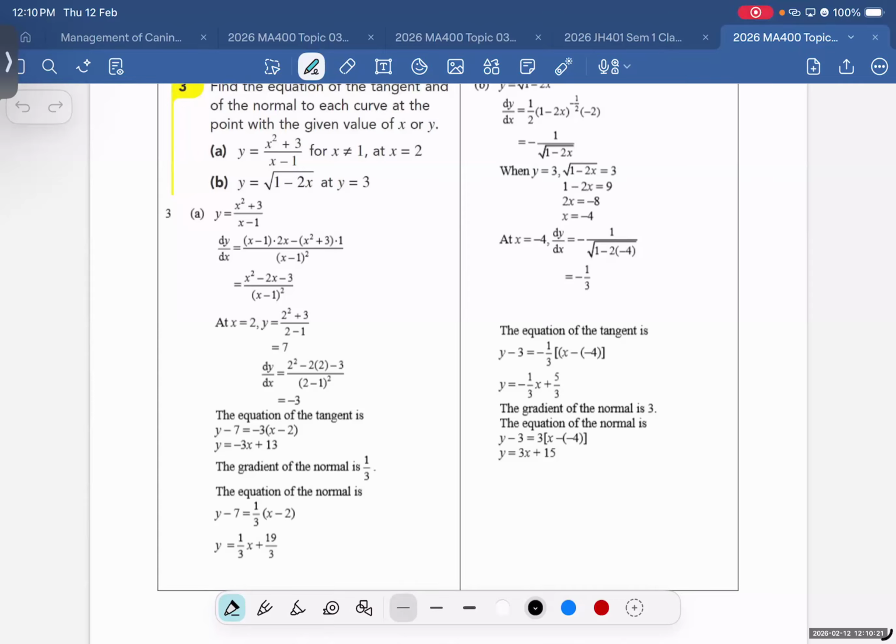P, the coordinate is 3, minus 12. Y equals to minus x minus 9. Question 7. 3, 38. 3, 41. Question 8.